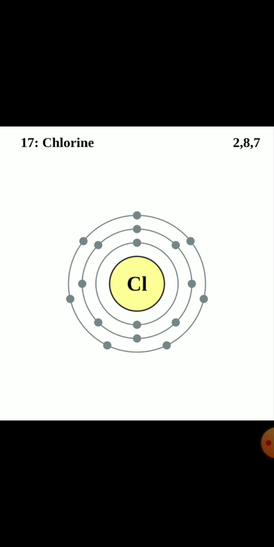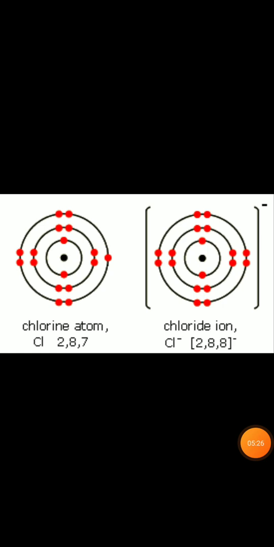I am sure you are thinking that it will be easy to gain 1 electron. So, chlorine will gain 1 electron.